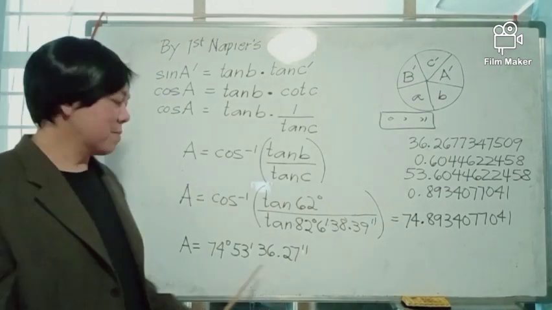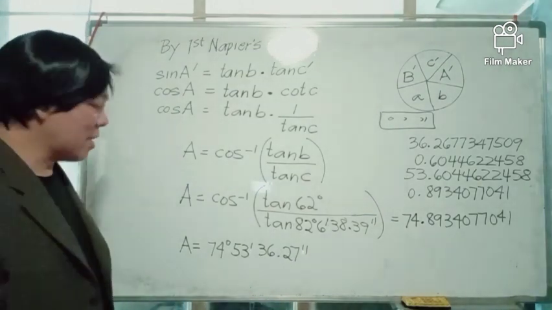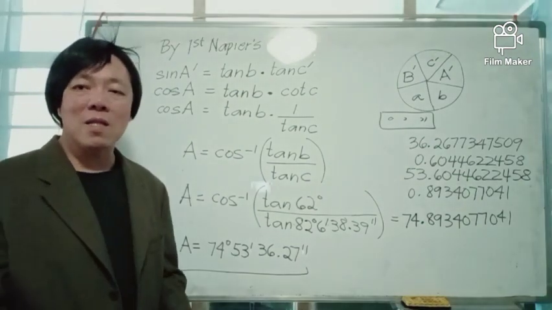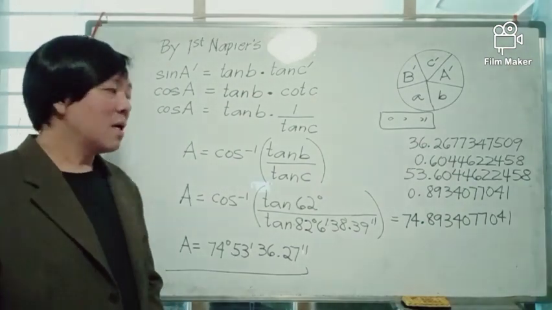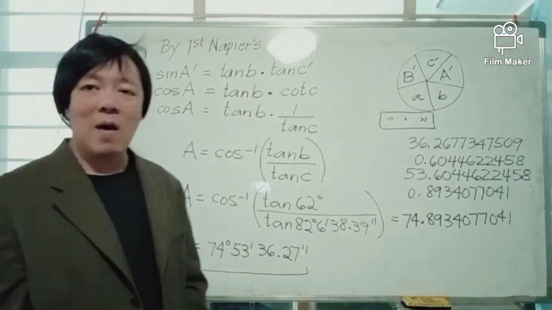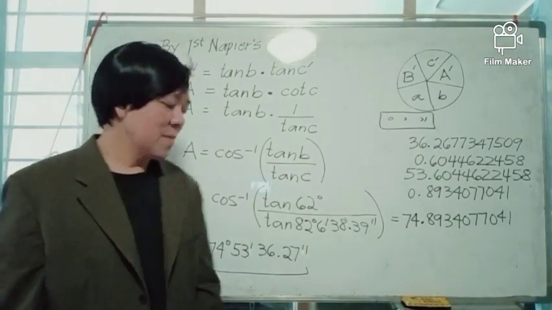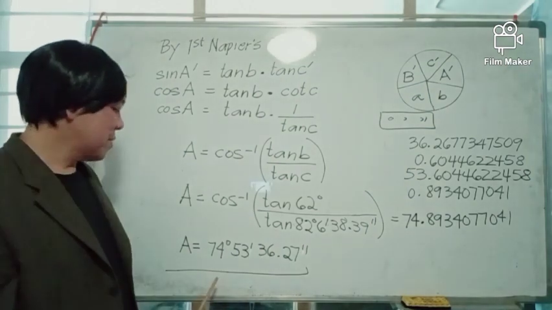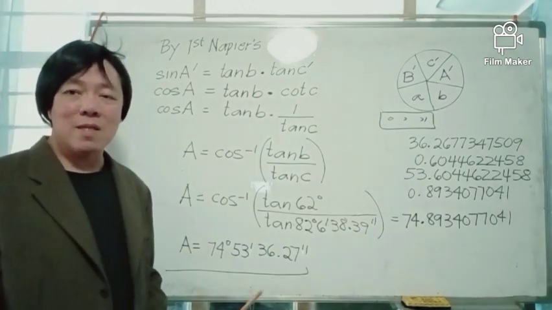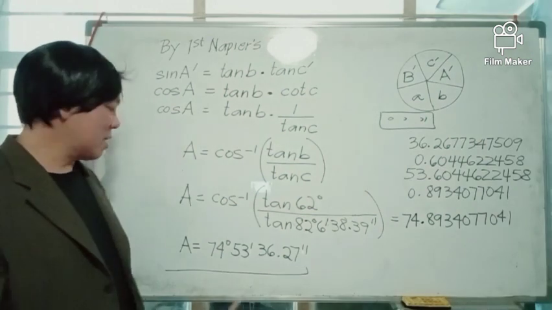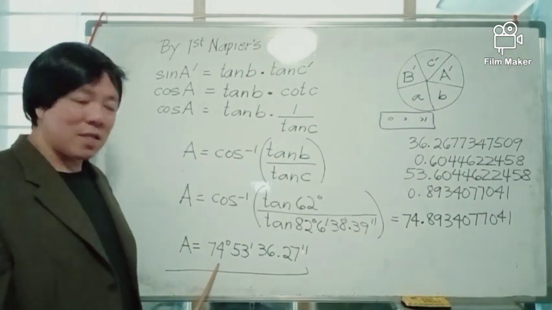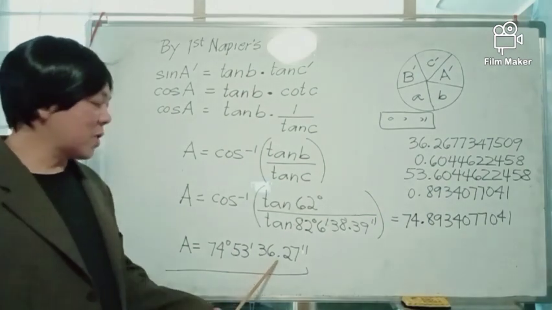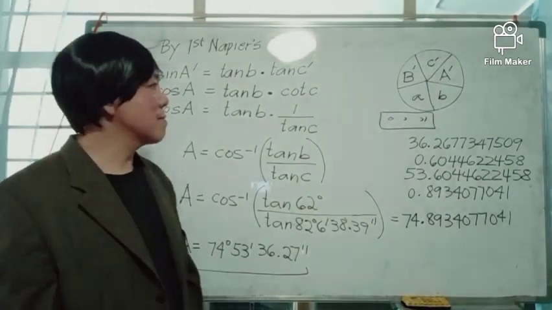36.27 seconds. And this is the angle A opposite the side small a, which is given, and small a is equal to 73 degrees from the problem we had earlier. And the angle opposite that side small a is equal to 73 degrees, 53 minutes, 36.27 seconds.